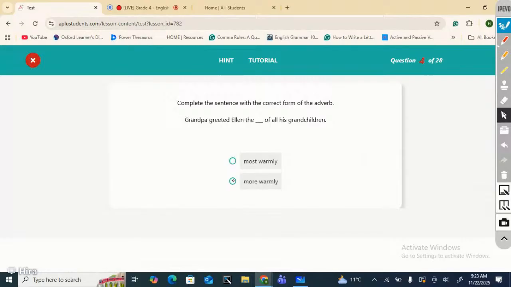Grandpa greeted Ellen, the blank of all his grandchildren: most warmly, more warmly.